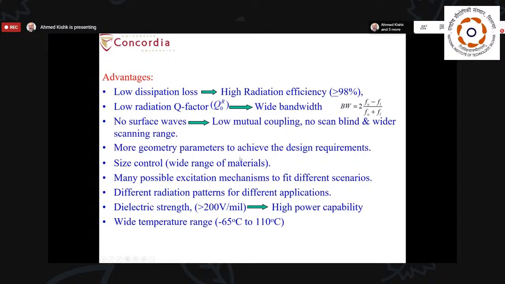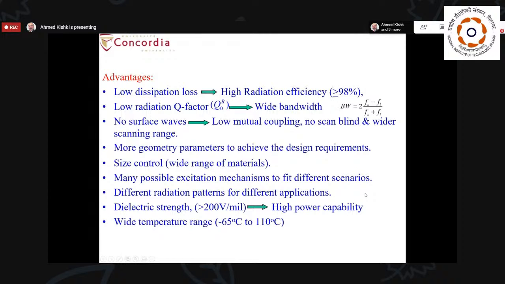So microstrip antennas are limited by the availability of material characteristics. There are many possible excitation mechanisms that can fit different scenarios, and we'll see what the possible excitations are. Different radiation patterns for different applications.